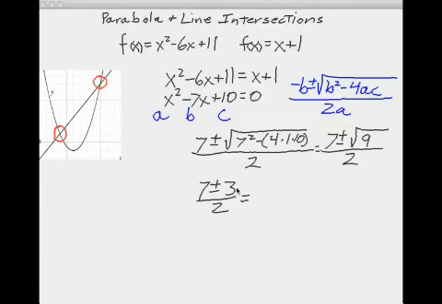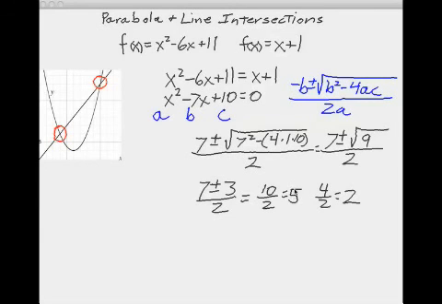So 7 plus 3 is 10 over 2, which is just 5. And 7 minus 3 is 4 over 2, which is just 2. So now I have my two x values, the roots of this equation we came up with, and we can figure out the y's that go with them.